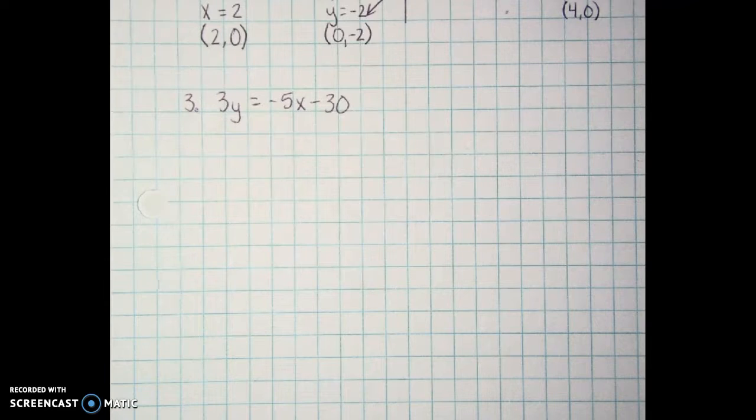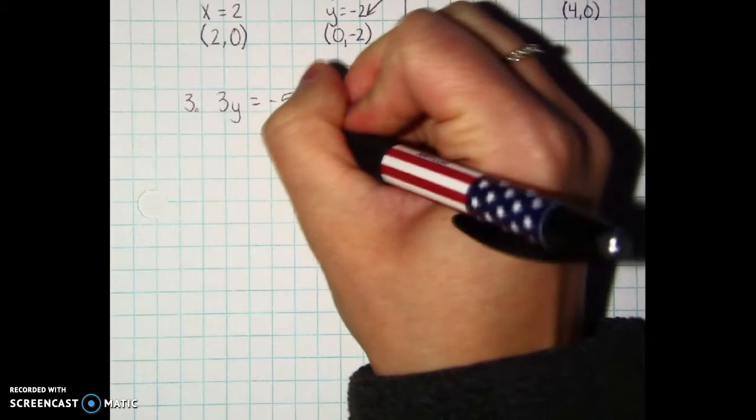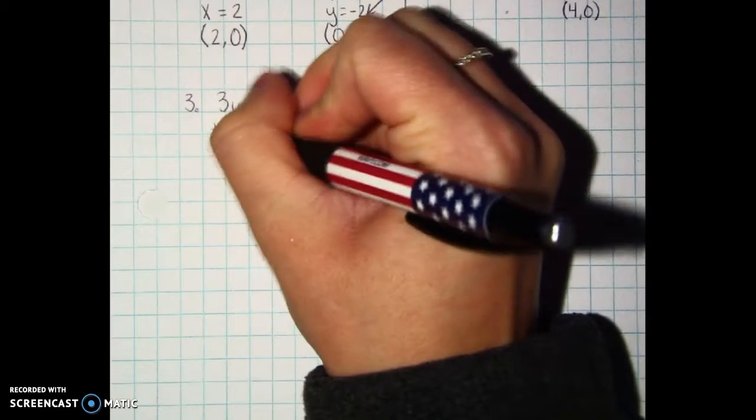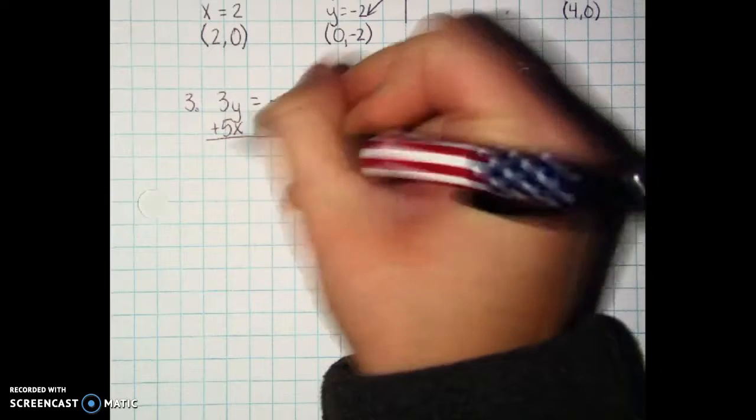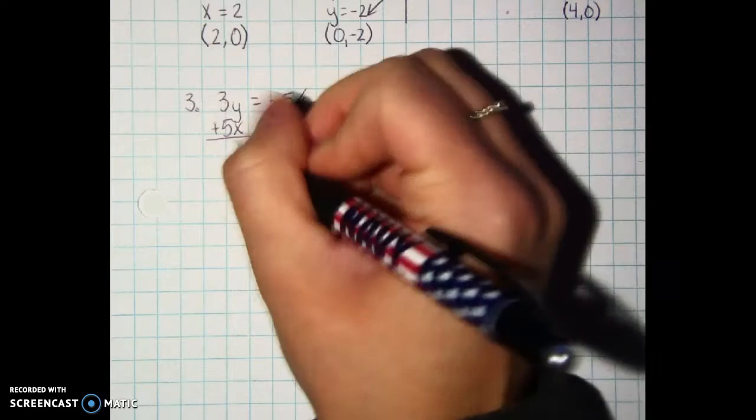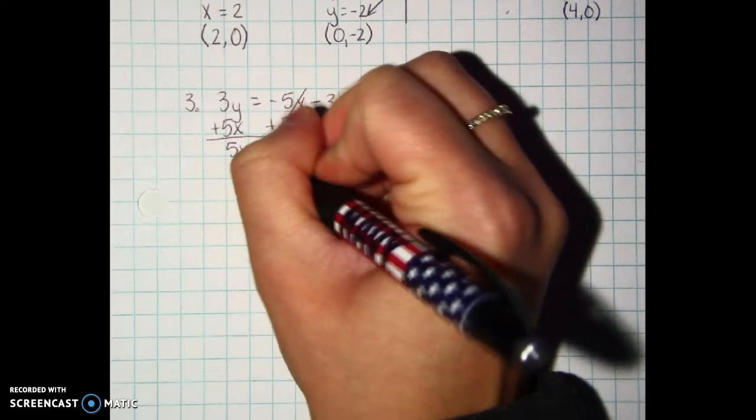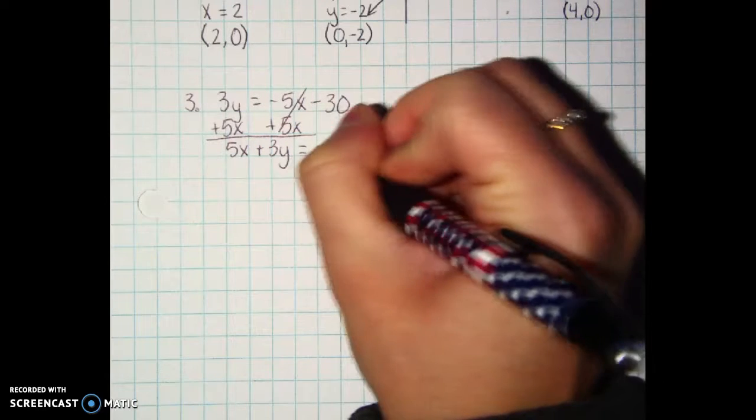So this one is not in standard form. If you want to use the x and y-intercept method, it needs to be in standard form, meaning x and y are on the same side. So to do that, I'm going to add 5x to both sides. And I cannot combine those, they are not really like terms, so I'm going to do 5x plus 3y equals negative 30.